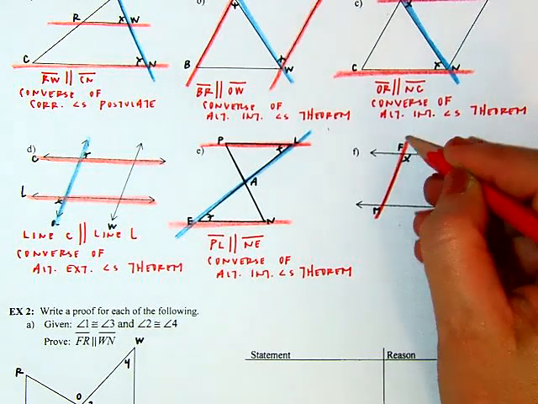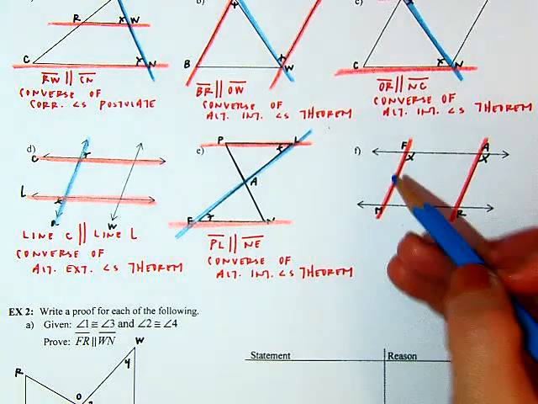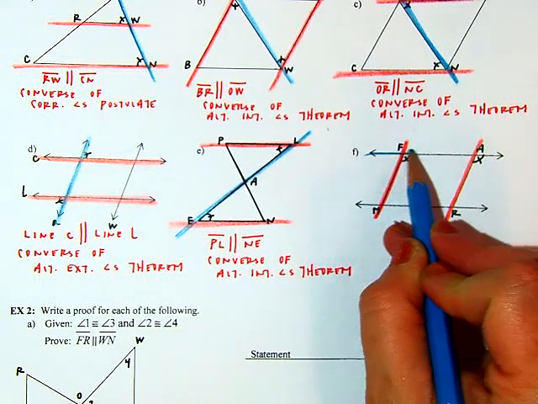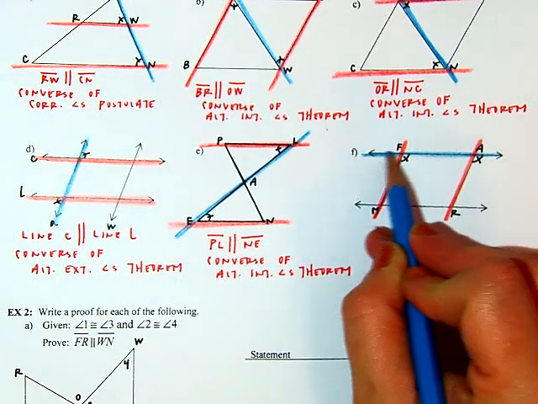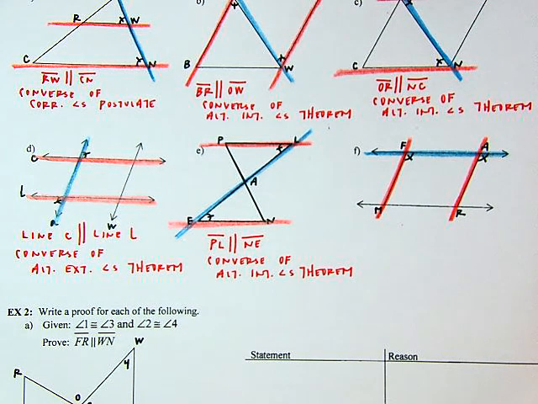Those pathways would have to be my parallels. Okay, with this blue as my transversal, only if I have the right angle relationship. So those two angles that I have marked, those are congruent angles. They are corresponding angles. And since I have corresponding angles that are congruent, then my pathways are running parallel.